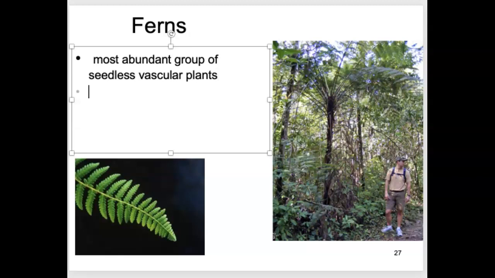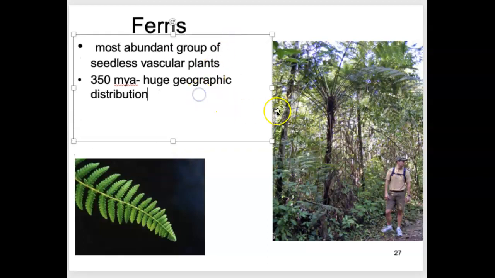They're found for the most part globally. They've been around 350 million years ago. Huge geographic distribution. Again, a lot of biodiversity. Most of the larger biodiversity is found in the tropics. So we see a lot more down in tropical regions, environments than temperate, but we still do have them here.